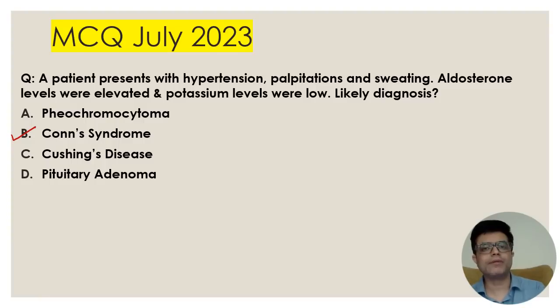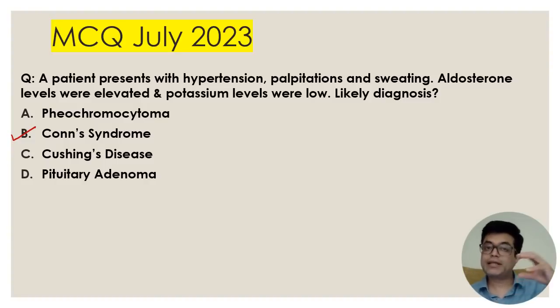not pheochromocytoma? Remember that the adrenal gland has 2 parts, cortex and medulla. Cortex produces glucocorticoid, mineralocorticoid, sex hormone, and the medulla produces epinephrine, norepinephrine. If an aldosterone producing adenoma is present in the cortex, we call it Conn syndrome.